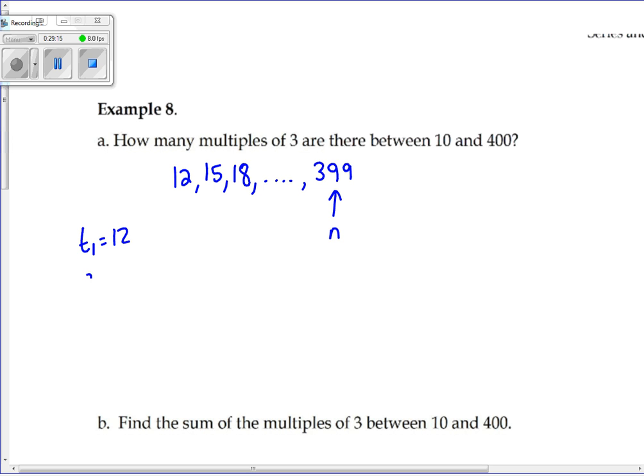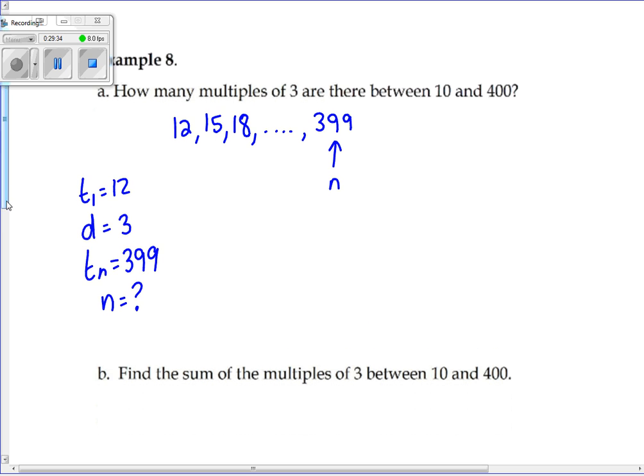Common difference would be 3. Last term 399. And we're looking for what term number 399 is. Then you know how many multiples. And then last is finding the sum of them. So once you know your n, it's straightforward, right? Can I leave it there? You guys can handle it, we did a question just like this yesterday. So solving for n, we've done that many times.